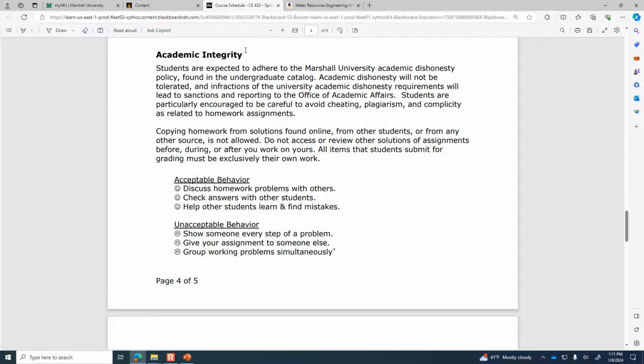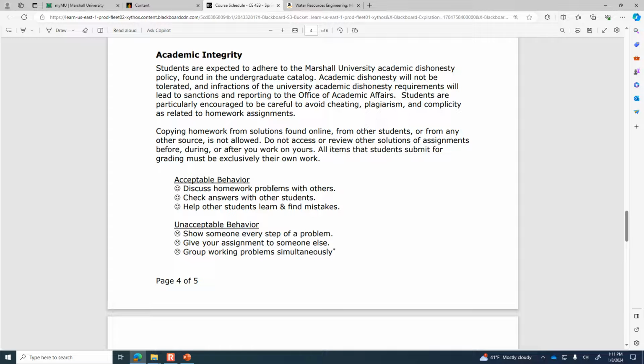And I think that you'll develop the best level of individual strength if you go through the homework assignments on your own, with the asterisk that it's okay if you check your assignment answers with other people, and it's okay if you talk about the homework assignment in general terms with people.